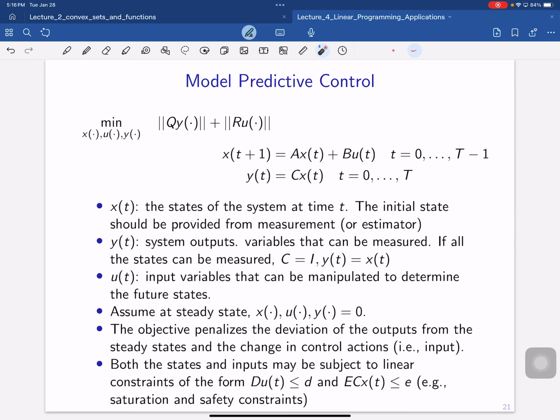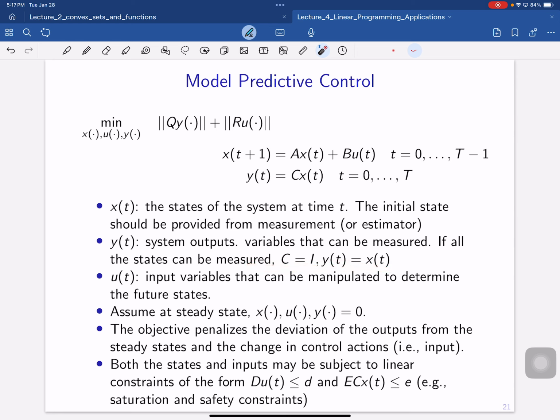And y_t is some system output. Sorry, x are the states, and y_t are the states that can be measured. If all the states can be measured, then the output matrix equals the identity matrix, and then y_t equals x_t.